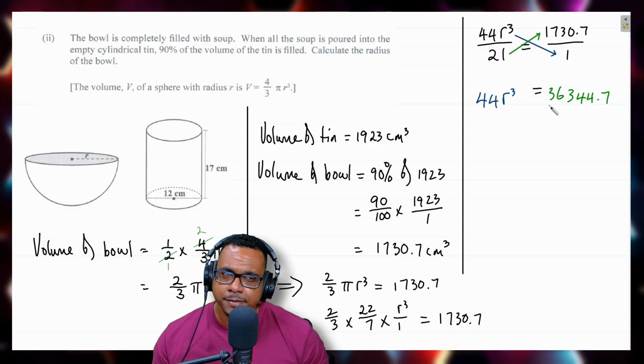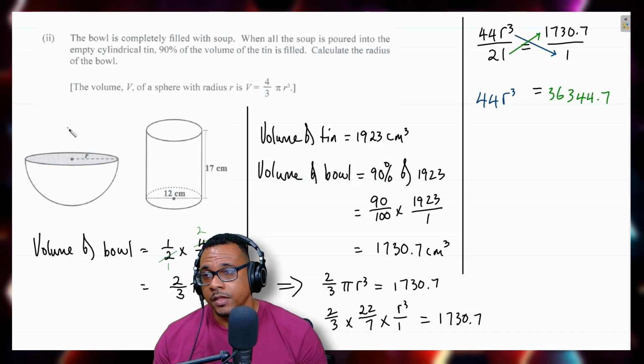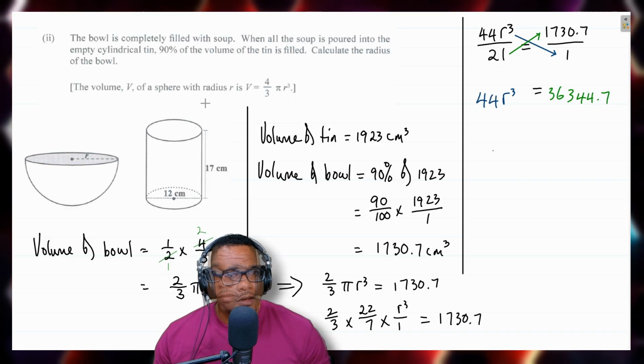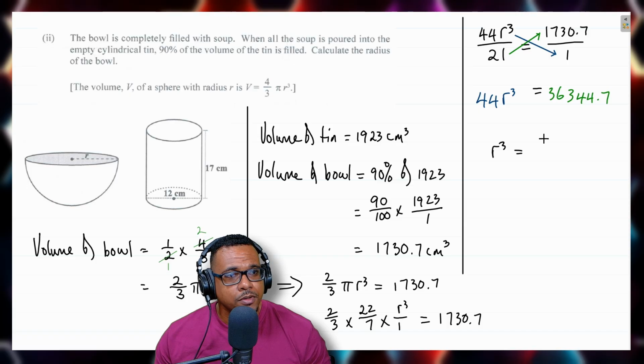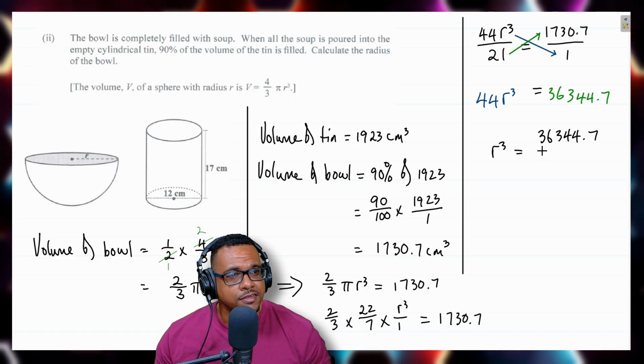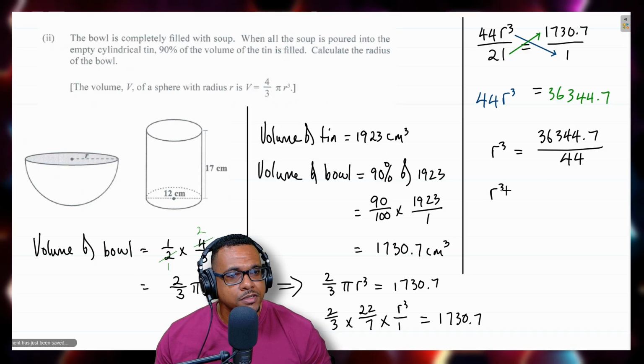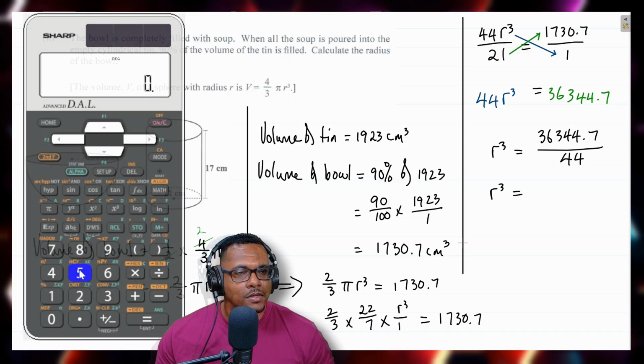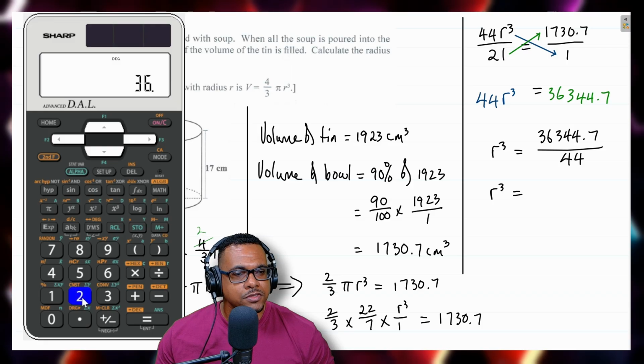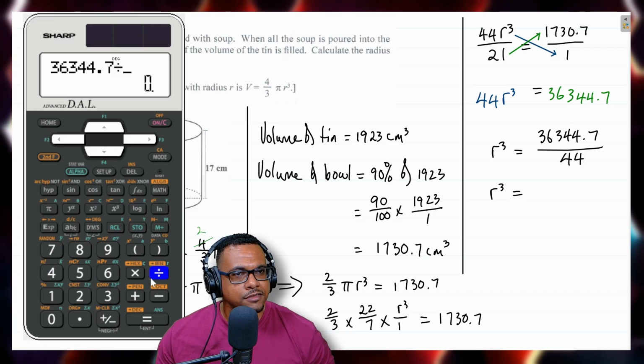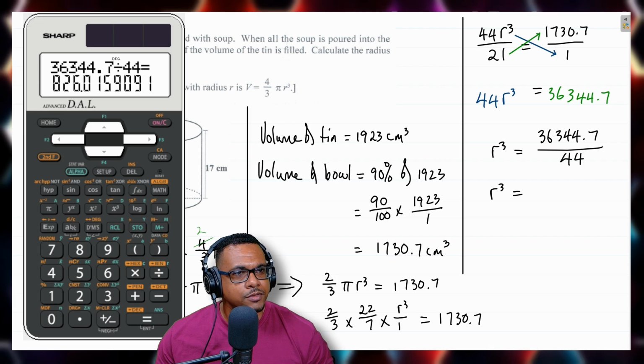Or you can say, you divide both sides of the equal sign by 44. All right, so you're going to get R cube is equal to 36,344.7 divided by 44.